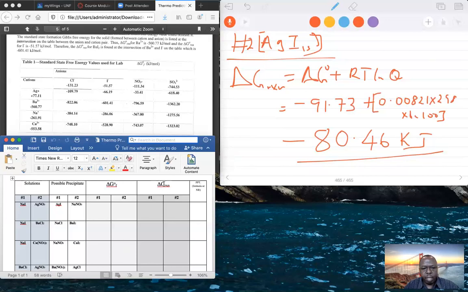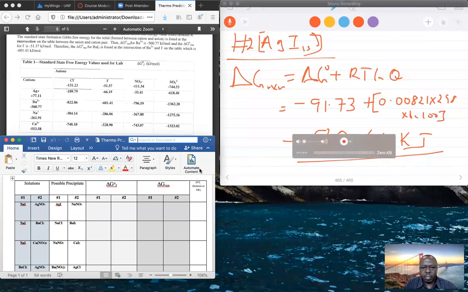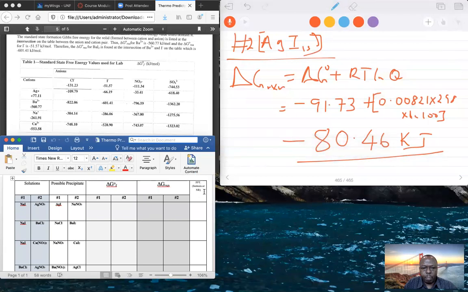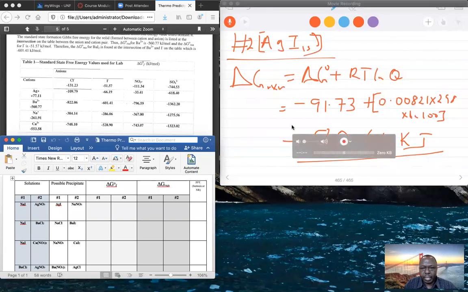This is the free energy at non-standard state for silver iodide. And from what I mentioned earlier at the beginning of the lecture session, I had to give you the criteria, the benchmark. So the only one which tells me it's going to precipitate is silver iodide, because it is negative.